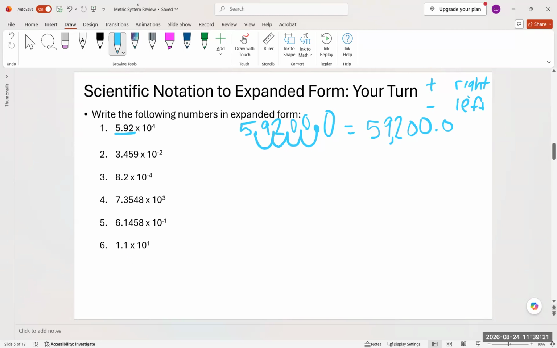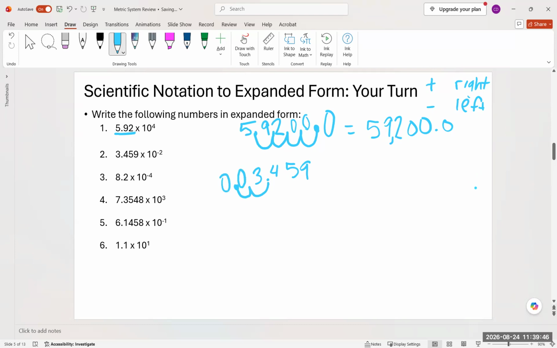All right, so I'm going to move down here. 3.459. I'm going to put my pen on the decimal and move it to the left 2 places. The negative means left. The 2 tells me 2 spaces to the left. So I'm going to go 1, 2. Plant that 0. Again, I always write the 0 in front of it so I don't get confused.